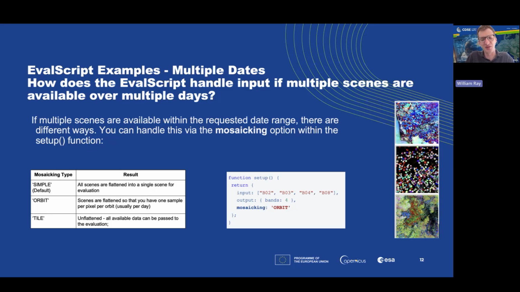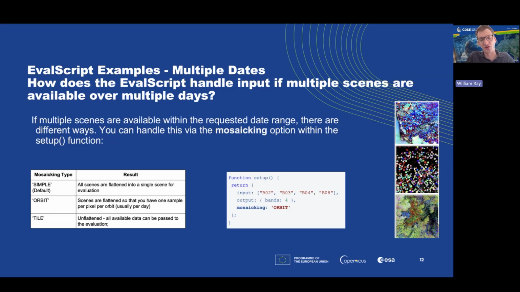It's not particularly common with the Sentinel missions, but if you're looking at, say, Sentinel-1 data up in the polar regions, you sometimes get more than one acquisition per day. Tile will give you the option of using multiple acquisitions per day.